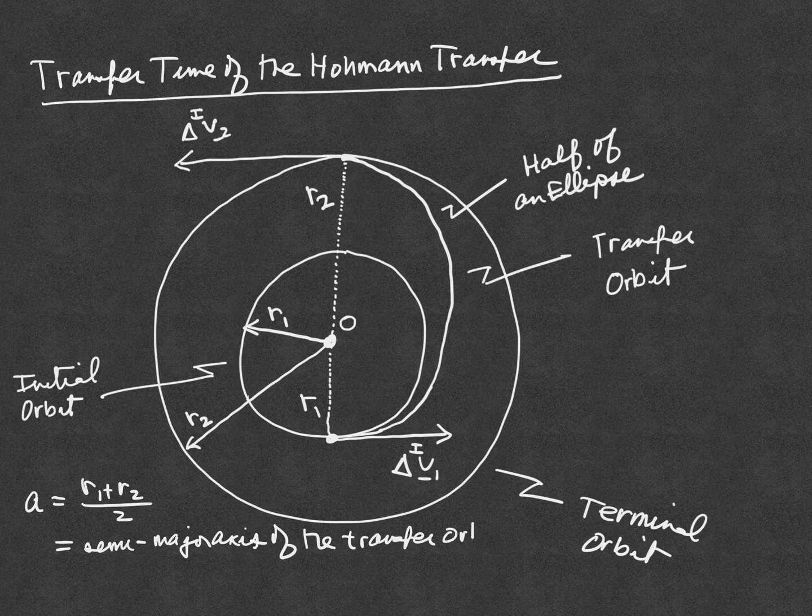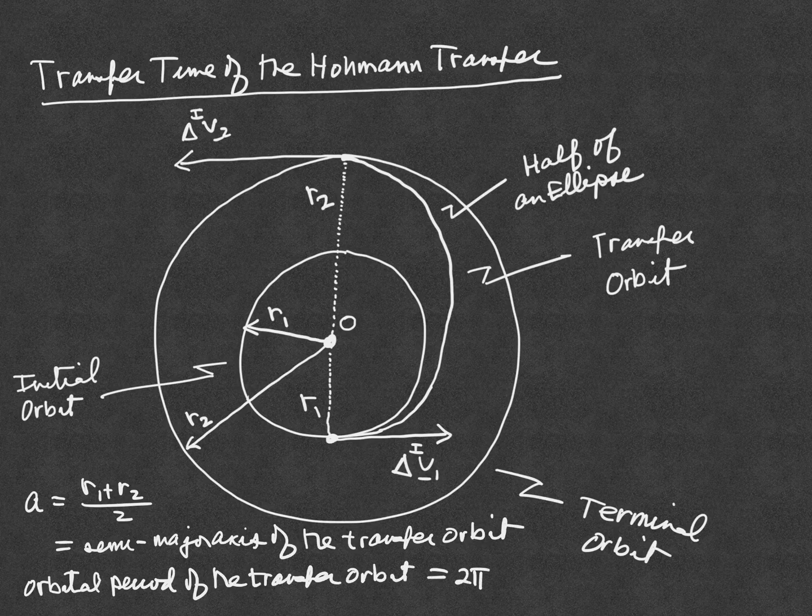Now, because the transfer orbit is exactly half of an ellipse, we know that the orbital period of the transfer orbit, if it were a full ellipse, would be equal to 2 pi times the square root of a cubed over mu.